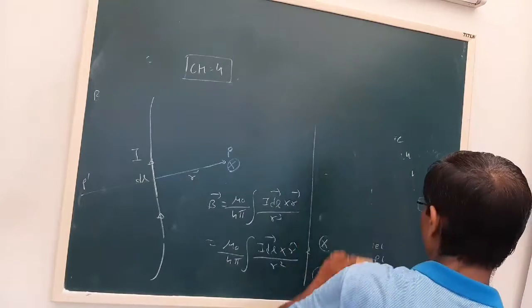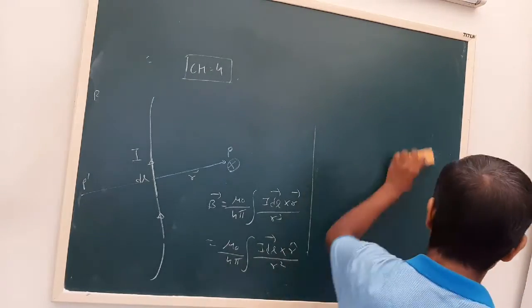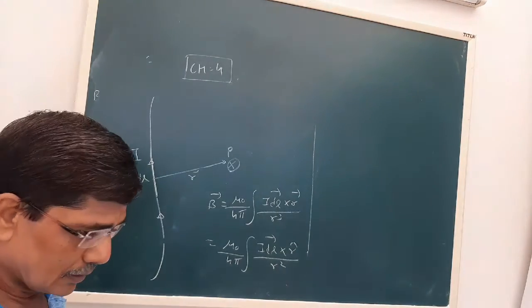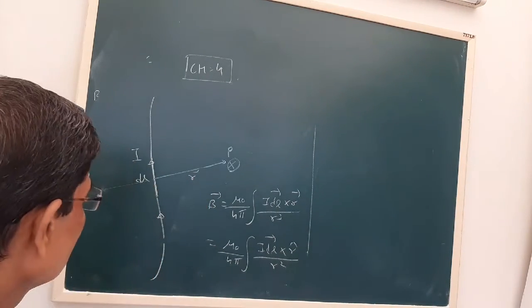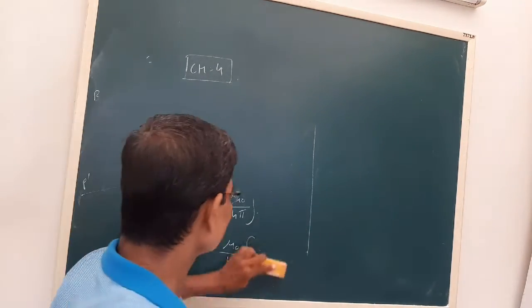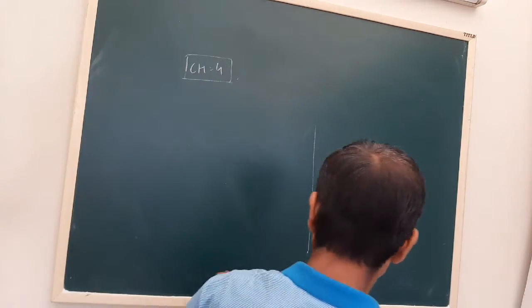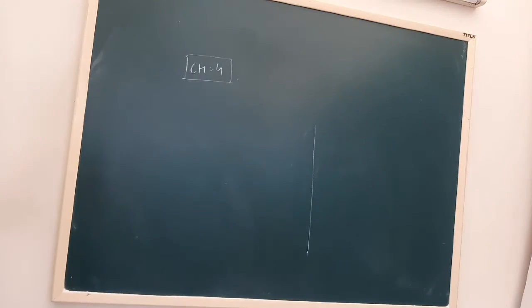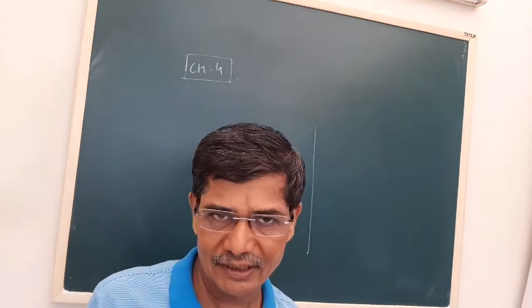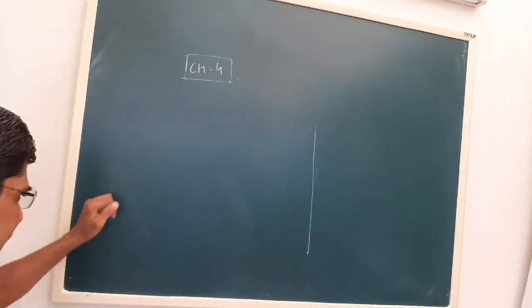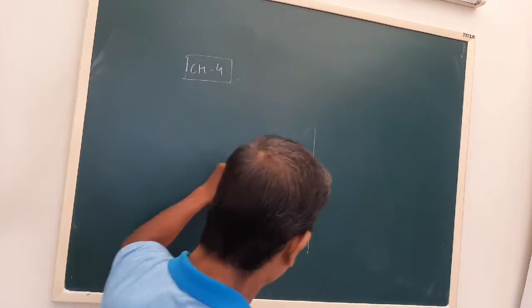Now we have talked of the direction of the magnetic field. Because it is a new quantity to us, we should know about its unit and dimension. These equations which I am writing here we will be deriving at some point later in the theory, but right now, to be familiar, I am writing this.